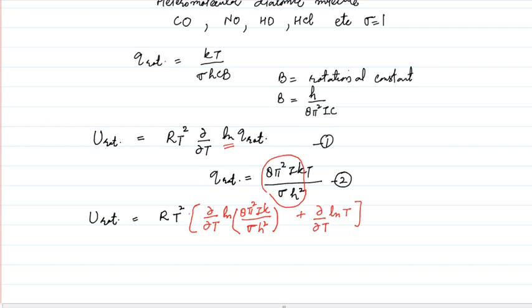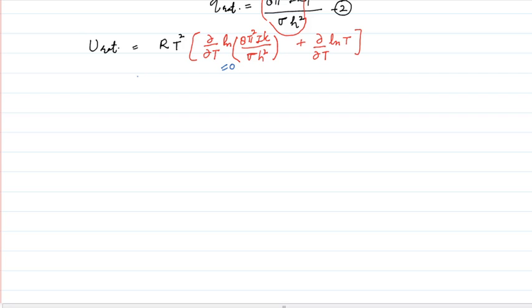The differential of the constant will be equal to 0. So we get a very simplified relation: the rotational internal energy is RT square multiplied by the differential of ln T, which is simply 1 upon T.